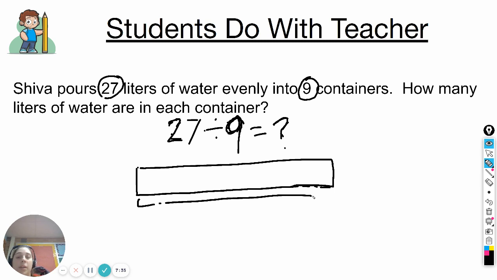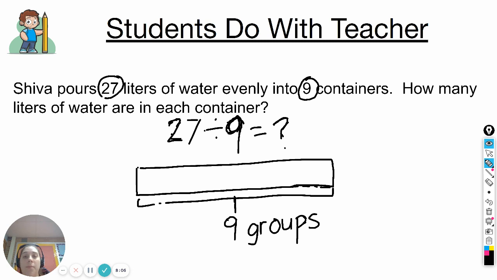So I'm just going to put a little line here that shows that all together, we're going to split it into 9 groups because we have 9 containers. So I'm going to label that 9 groups.